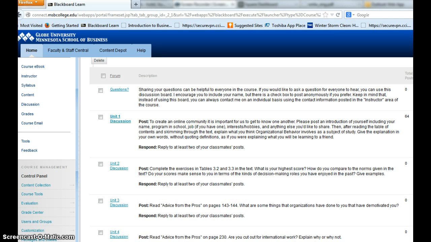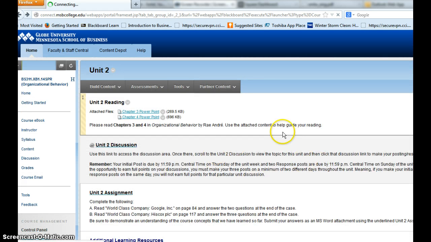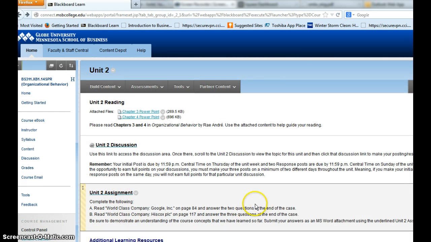You're going to read chapter 3, and chapter 3 is the chapter that discusses the decision making styles, and it gives you a lot of specific information about decision making. Your assignment then for chapter 3, the first half of the assignment, is going to be on page 84, which is at the end of chapter 3, and it relates to Google.